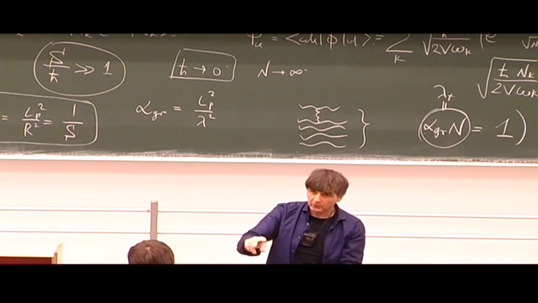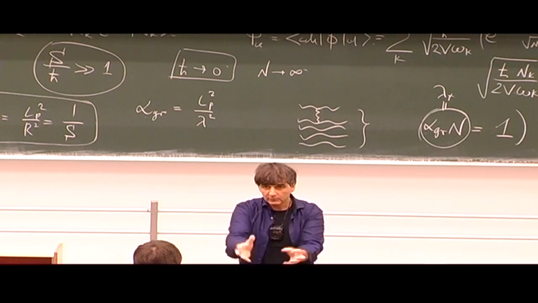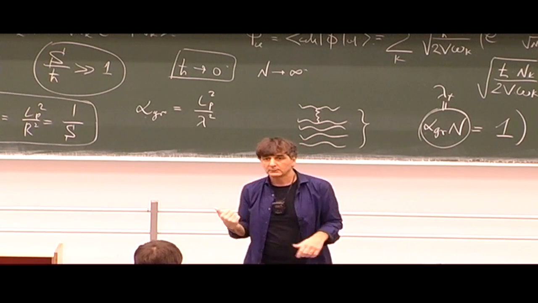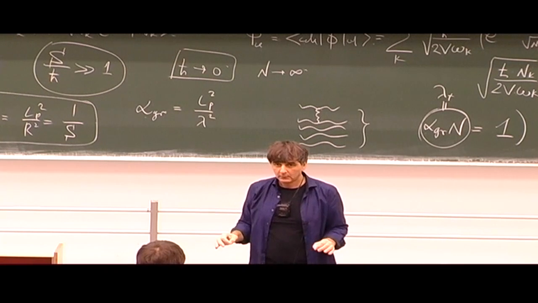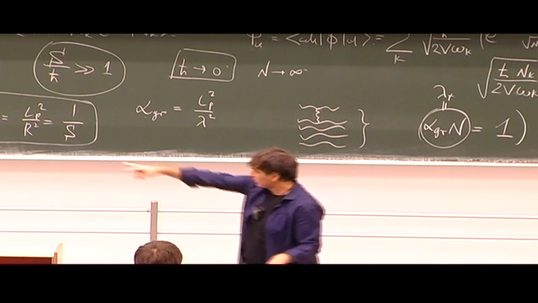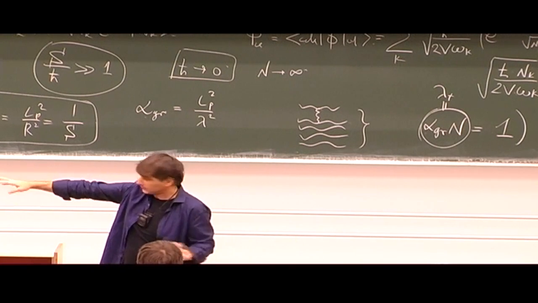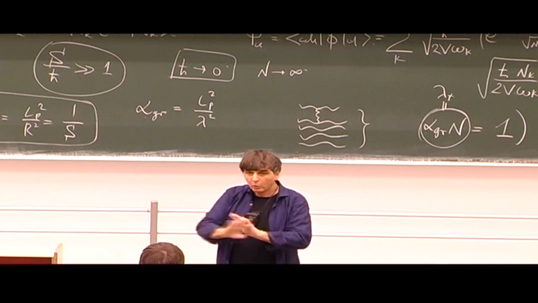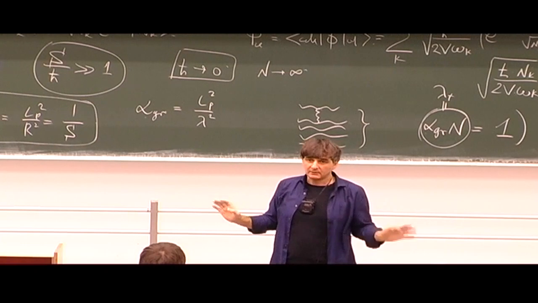Already at the beginning of evaporation, my claim is that at t equals 0, you form the black hole, and you start observing Hawking quanta. I claim that already there you have 1/N corrections. And I'm proving that because that's the expression there: T-dot over T squared is non-zero. You can go through the proof. There is no system in nature which can thermalize instantaneously.